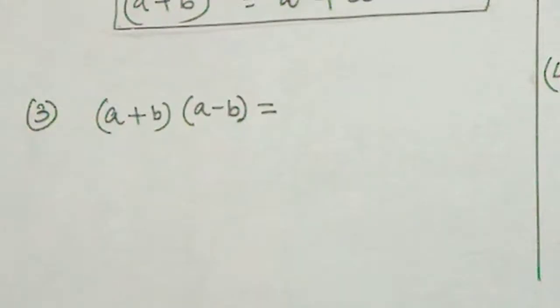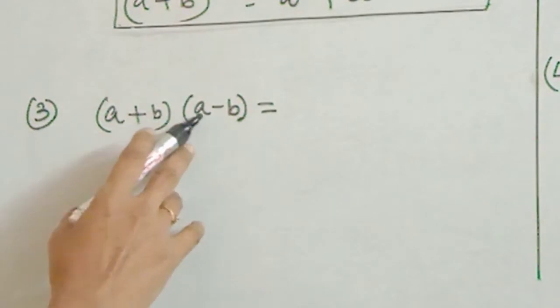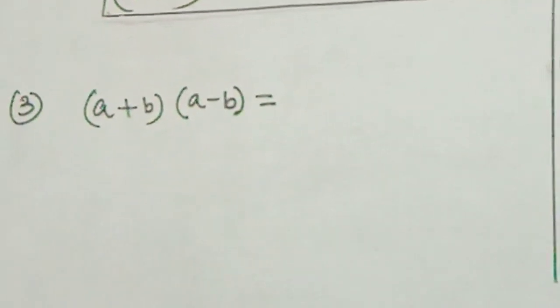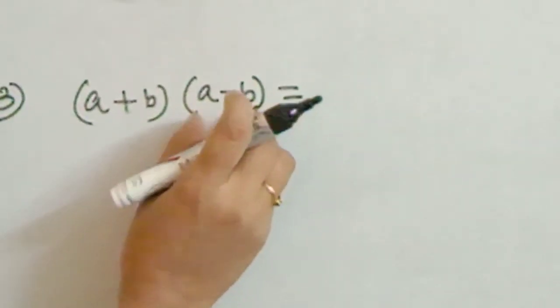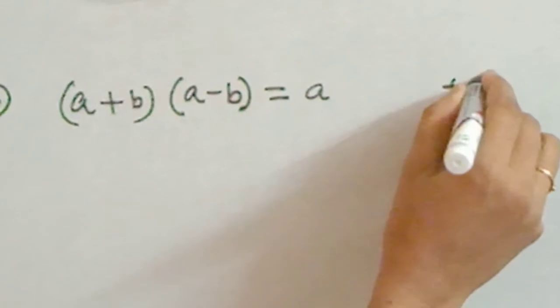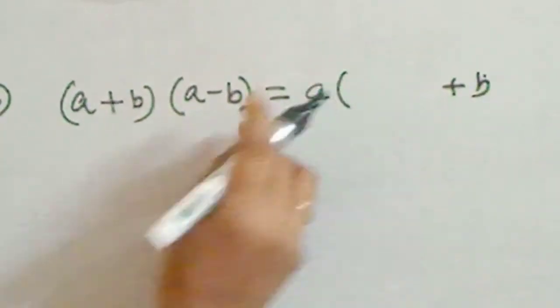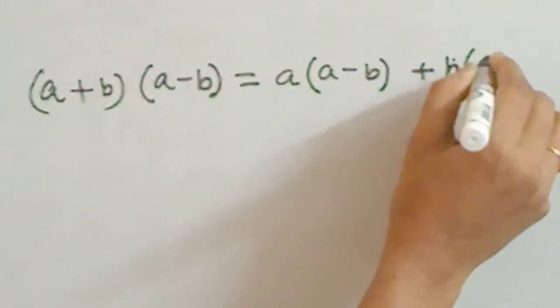Third one, next one is (a plus b) into (a minus b). The same way of multiplication: you will open this and keep the other as it is. Say a and plus b, you are opening these two and you are keeping a minus b here, a minus b, and here also a minus b.